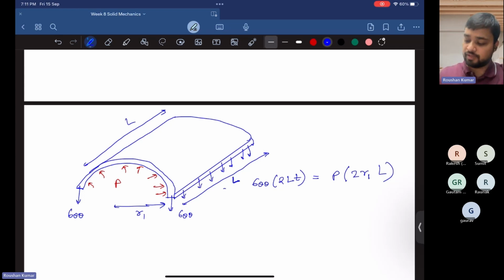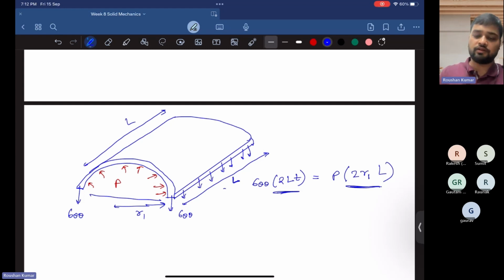So if we take this plane, the area of this plane has to be taken, which is 2r1 into L, and this is 2LT, because the circumferential stress is only acting at the edges, that means L into T, and we have two edges.